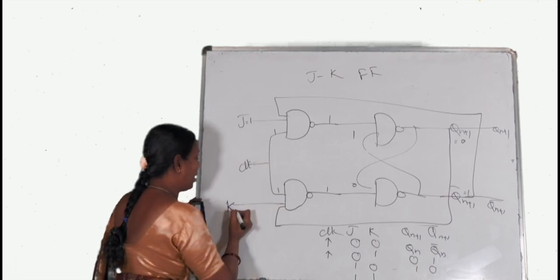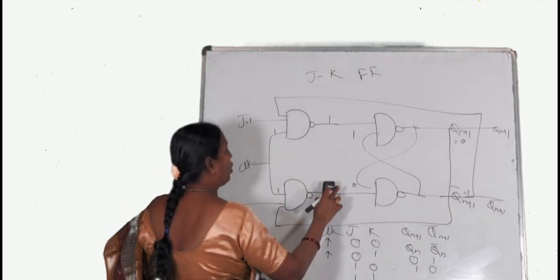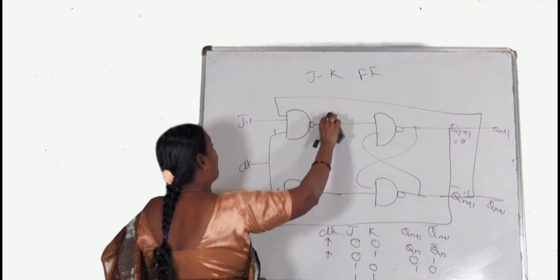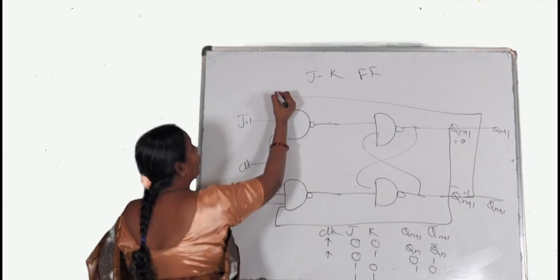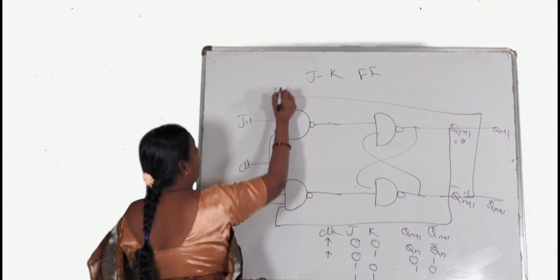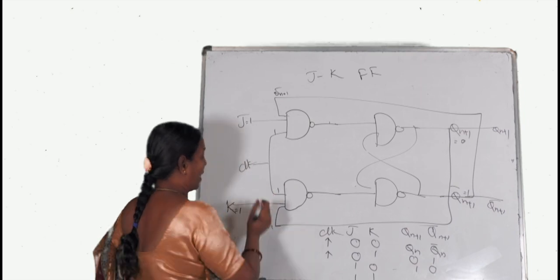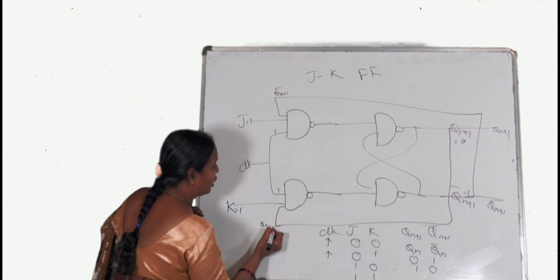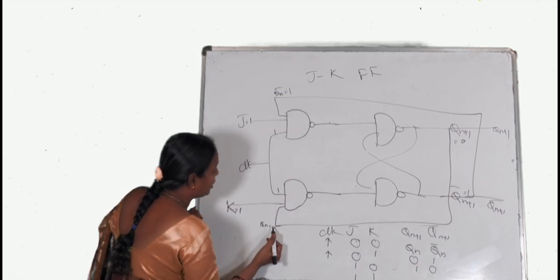J is equal to 1, K is equal to 1. So when J is equal to 1 and K is equal to 1, clock is 1. Now here we have Qn plus 1 bar, and here we have Qn plus 1. Now previous value, let us take Qn as 0. Then here we get 1, as here 0 1 1.